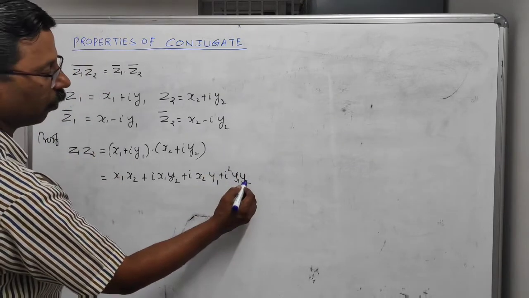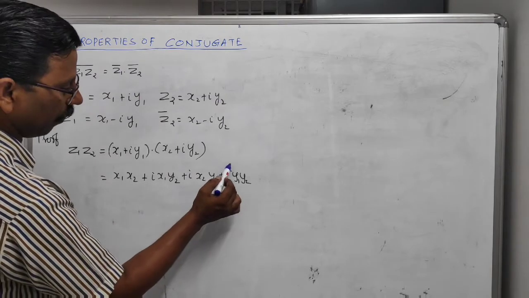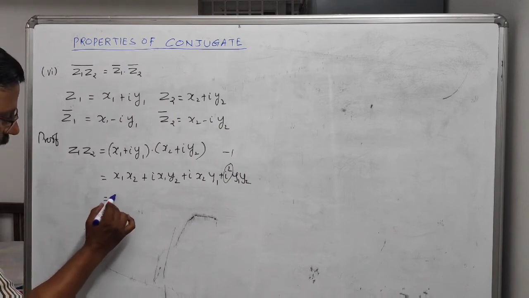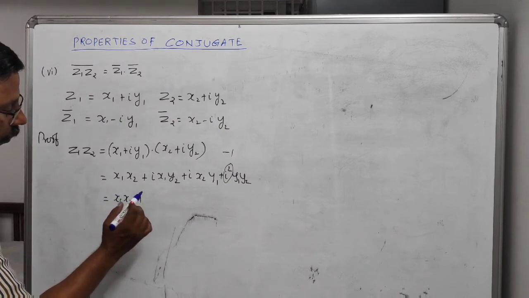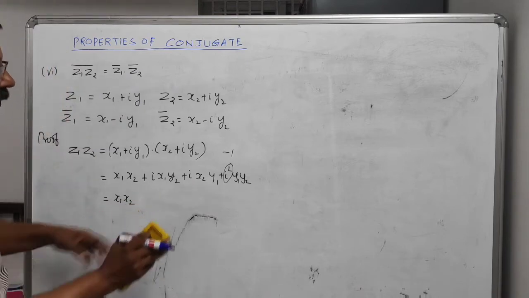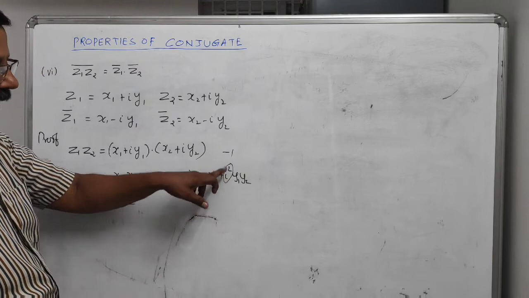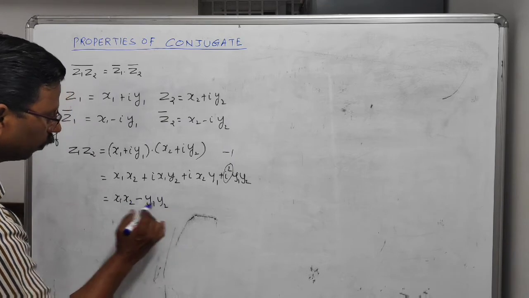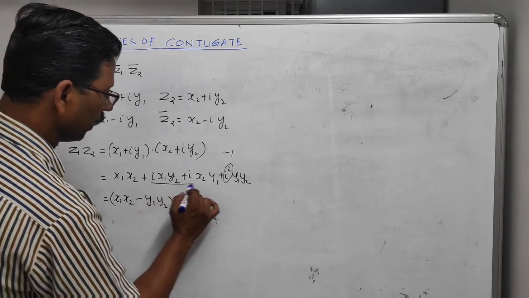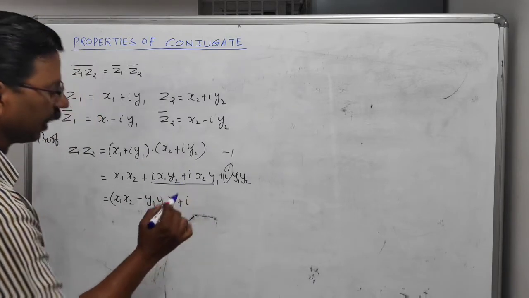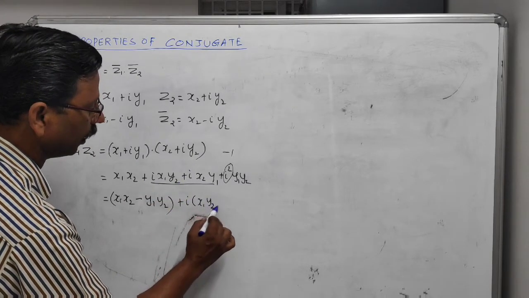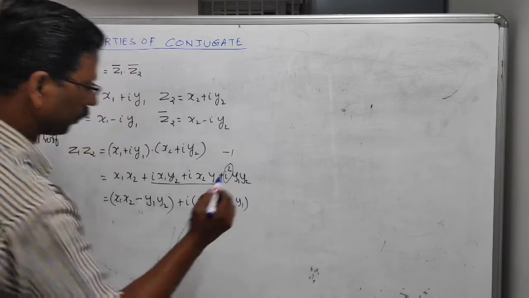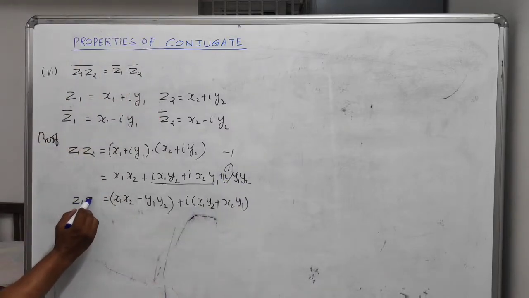Now we know very well, i square can be replaced as minus 1. Therefore you can write this as x1 x2, then minus y1 y2, which is the real part, and these two are imaginary parts, therefore you can take i commonly outside, then you get x1 y2 plus x2 y1.